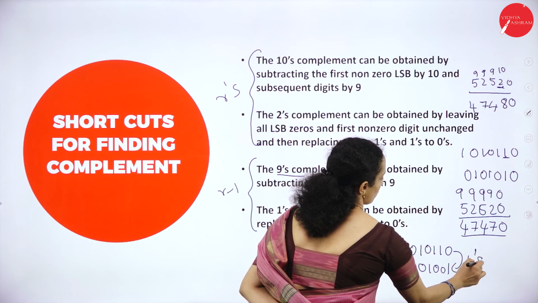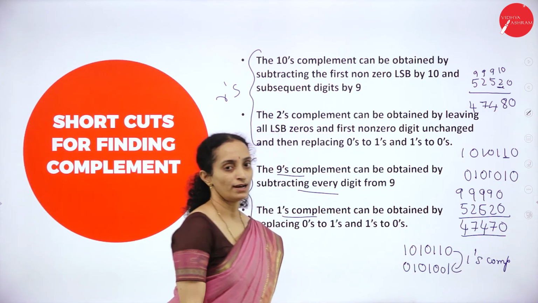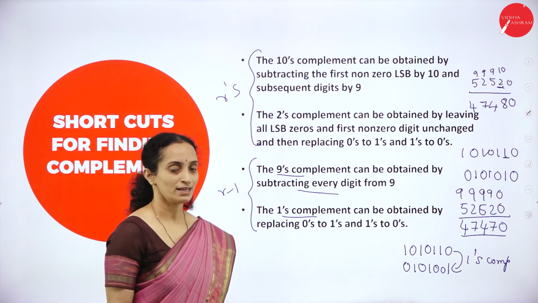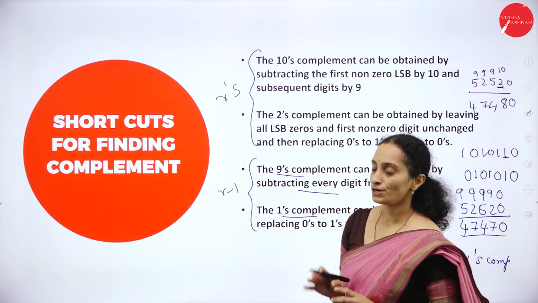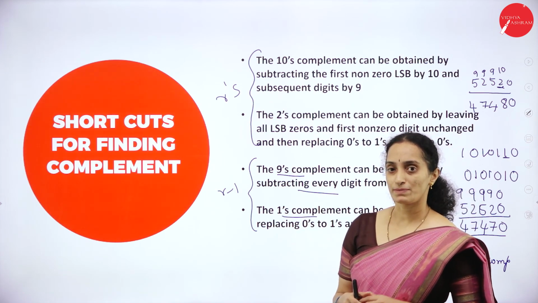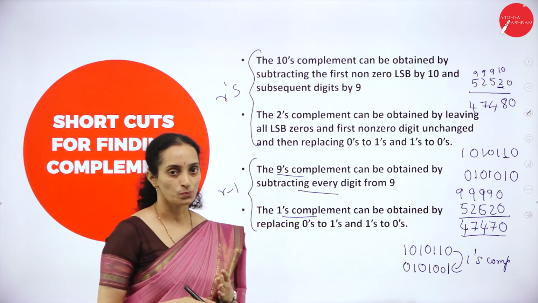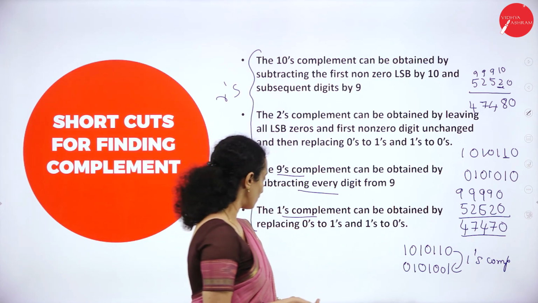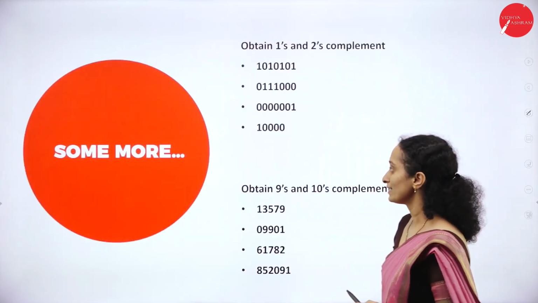So this is the 1's complement of the number. Remember the shortcuts that can be used to find the complements for r's as well as r minus 1's complement. So this is an example for the complement system.